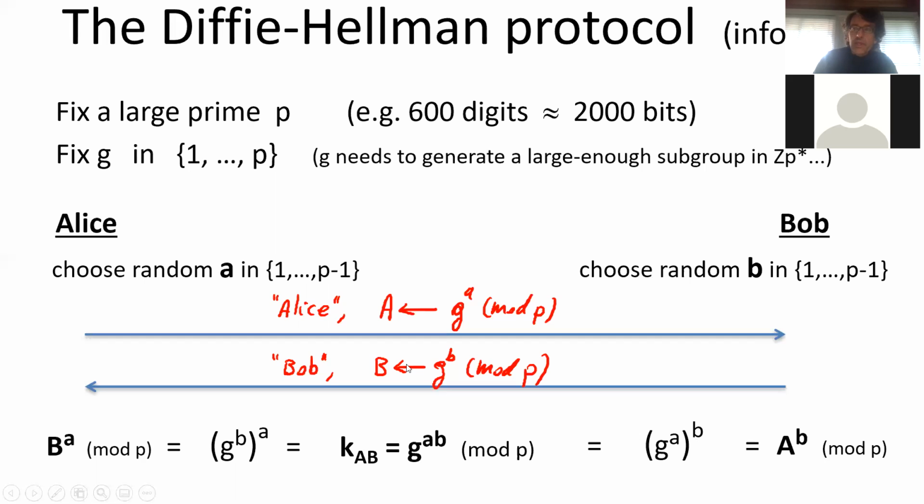So how long did Alice have to compute? She needed to perform one exponentiation mod p and a second one. And so did Bob, right? Two times he had to exponentiate something to his random exponent little b. Once here, the second time here. Okay, so 2 modular exponentiations. That's what it cost. Is it secure?